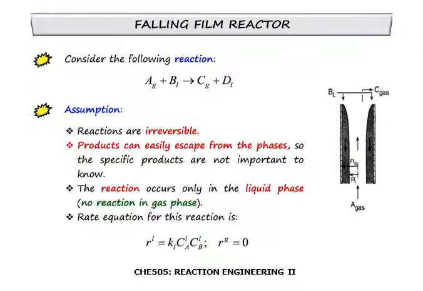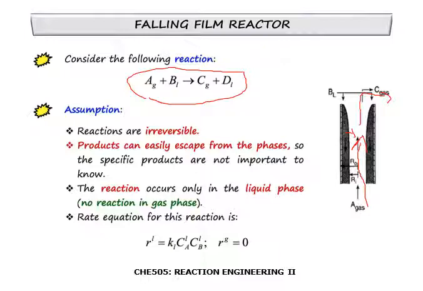Okay, so consider this reaction in the falling film reactor. For example, reactant A, species A, is in gas phase. We go through here, and it will react with species B in liquid phase. So there will be a reaction, A reacting with B, and so C is produced, which is C in gas phase, and also D is produced, which is in liquid phase, for example.